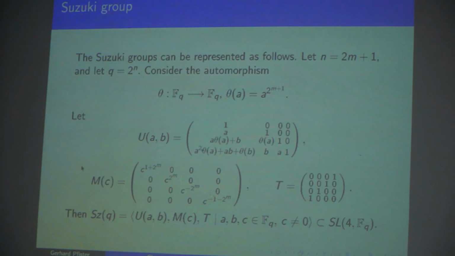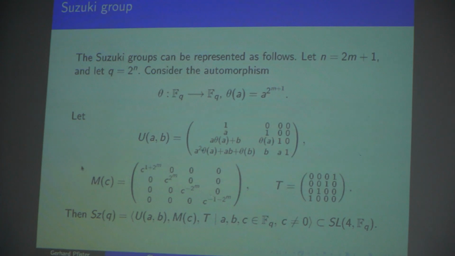The Suzuki group is defined as follows. You take Q to be a power of 2. You consider an automorphism of the finite field FQ defined by theta of A is A to the power 2m plus 1, where Q is the order of this field.